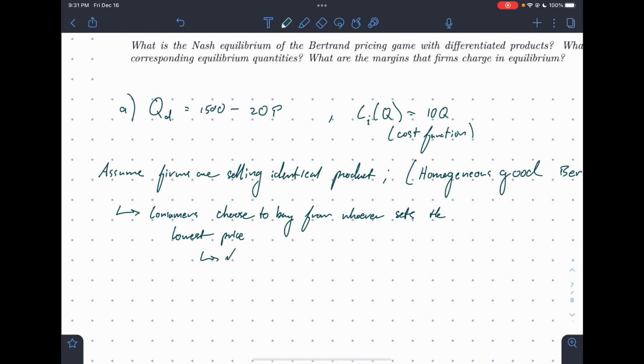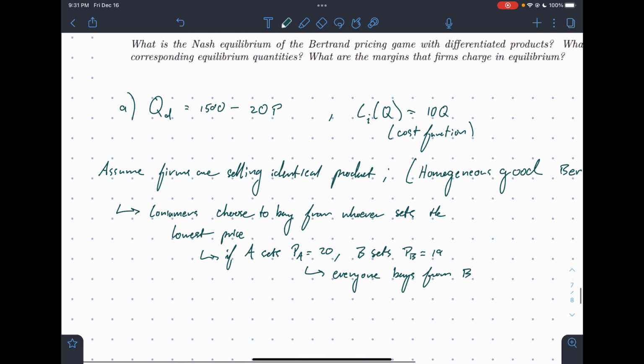So this means if A sets PA equal to 20, B sets PB equal to 19, everyone buys from B. So firms can undercut each other, and they will get all of the demand in the market. The other firm will get nothing.